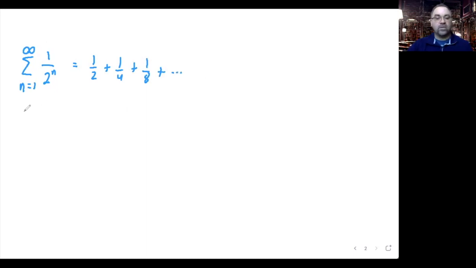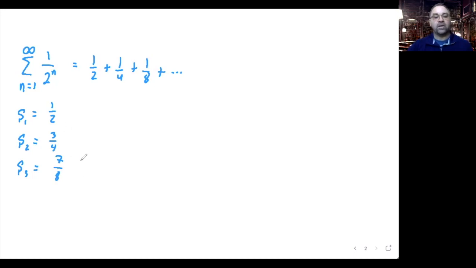If we look at the partial sums then, S1 is 1/2. S2 is 1/2 plus 1/4, so 3/4. S3, well, 3/4 plus 1/8, right? So that's 7/8.